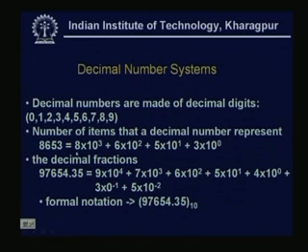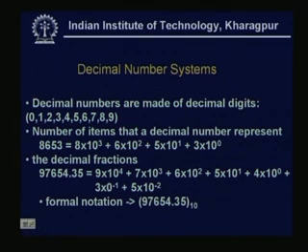So 8 into 10 to the power 3, that means 1000, plus 6 into 10 square, 5 into 10 to the power 1 and 3 into 10 to the power 0. So 8653, this is the number of items that the decimal number actually represents.